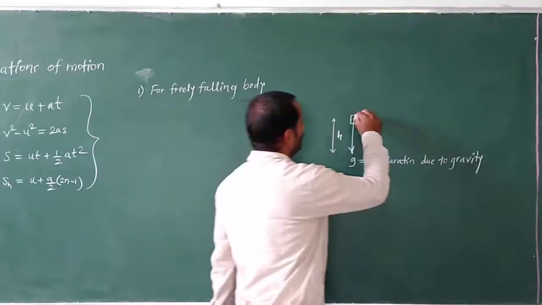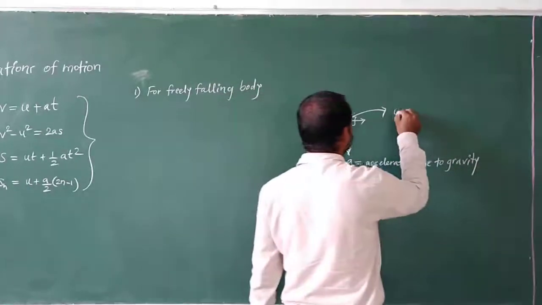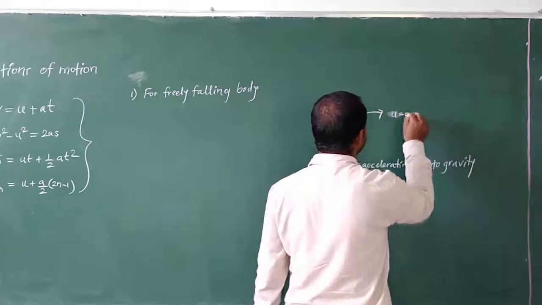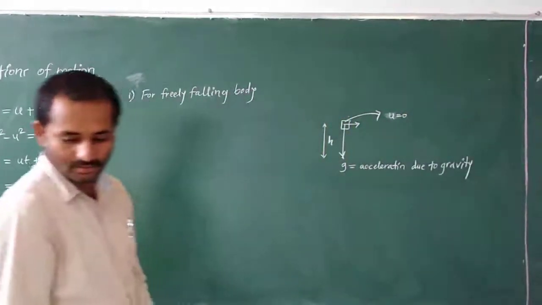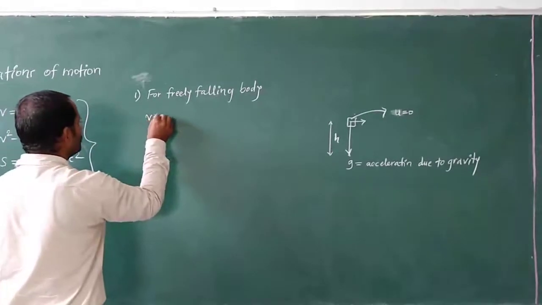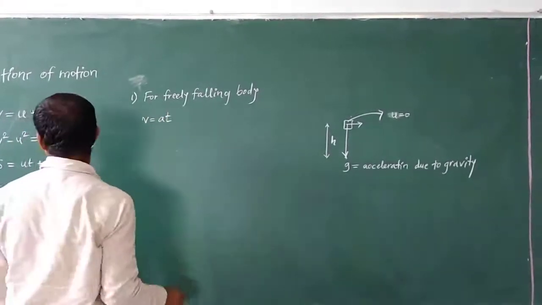For a freely falling body, initial velocity is 0. So the first equation will become v is equal to only at.